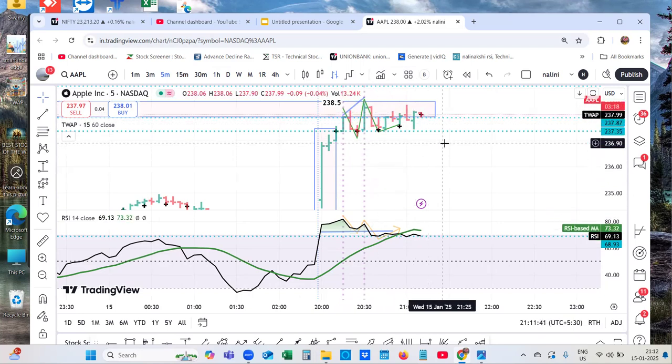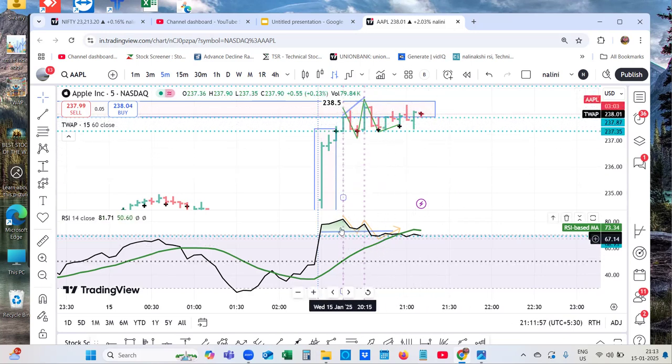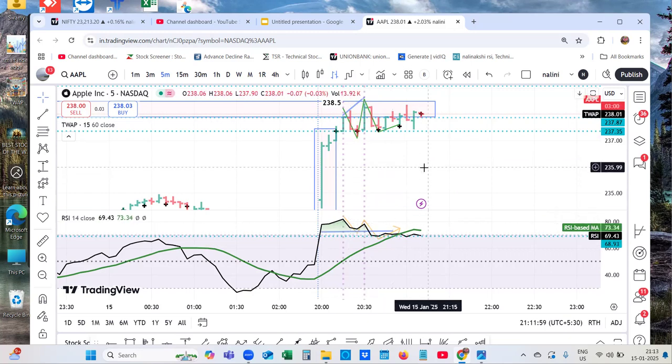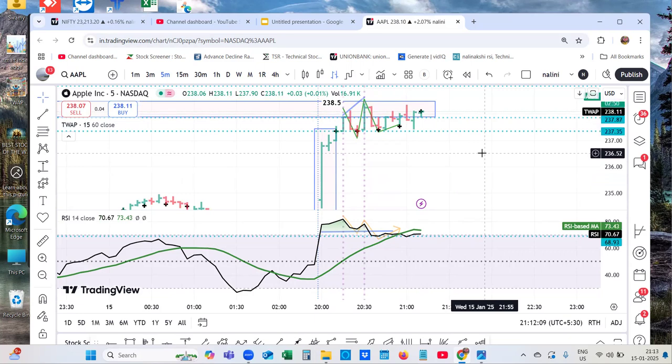That is what the entire video is about. And do not make these early entry mistakes, especially in this setup. Because overbought and oversold setups are very profitable, but they need time. So do not make this mistake. It will cost you very much.